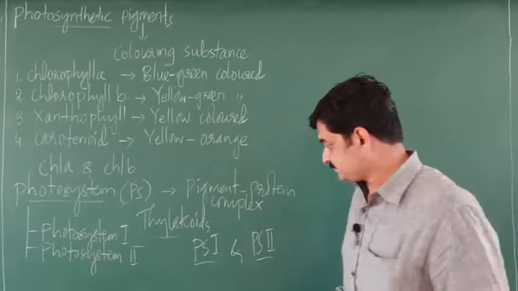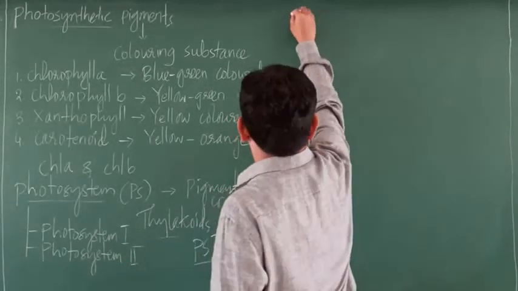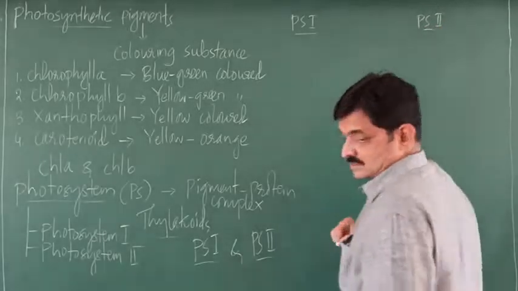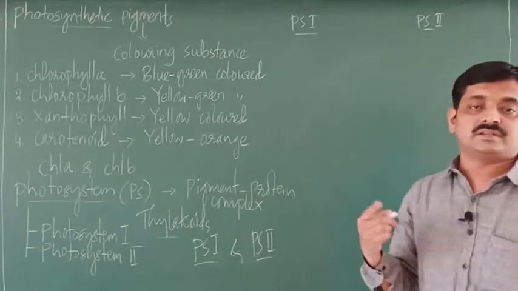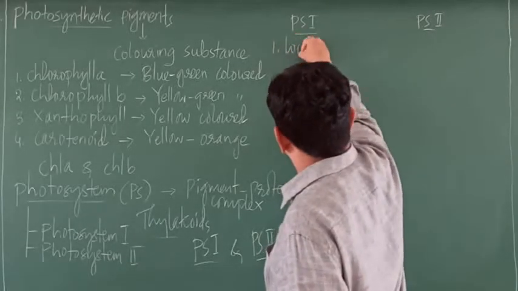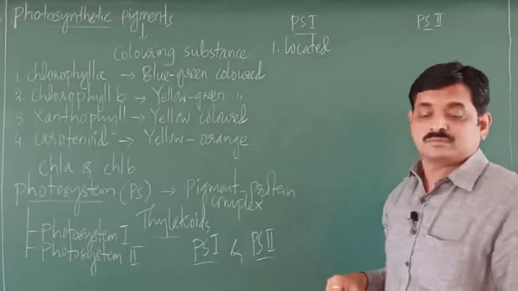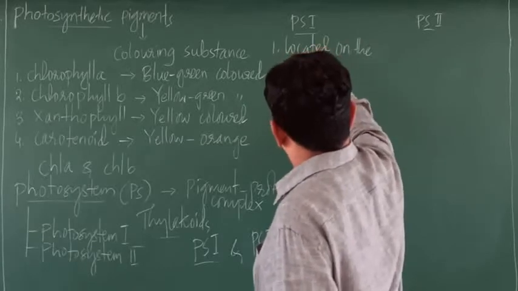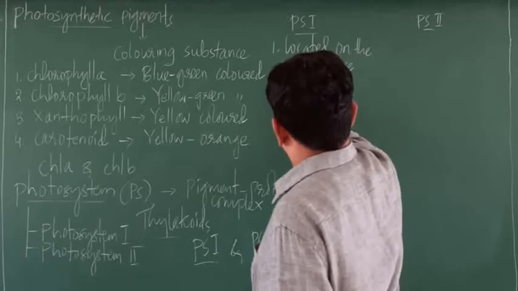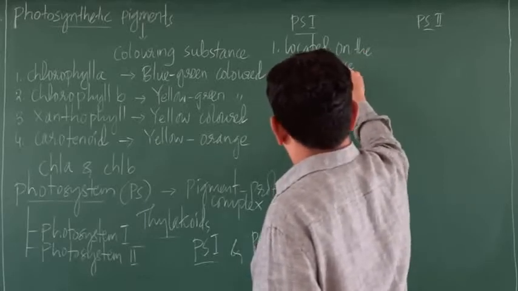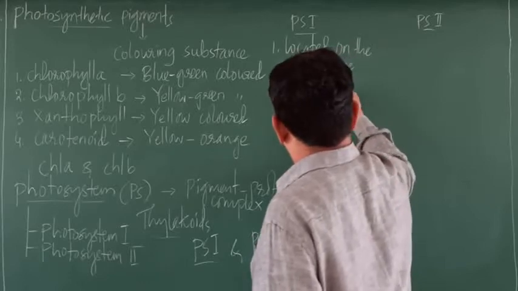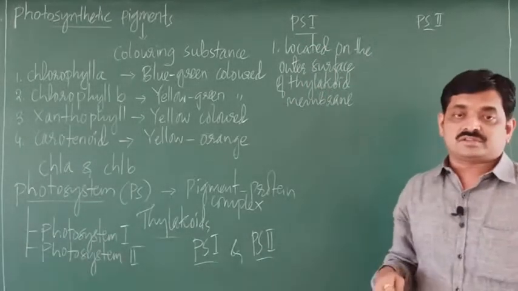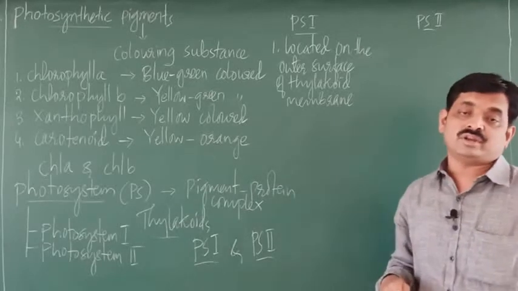So photosystem 1, I will write it here. Photosystem 1 is located on the outer surface of thylakoid membrane.